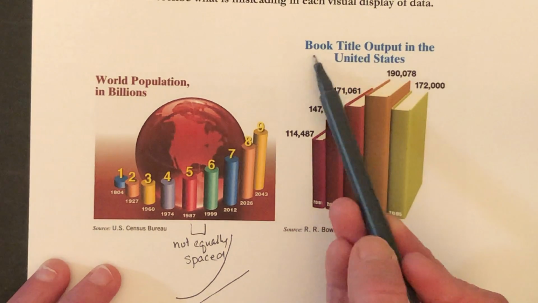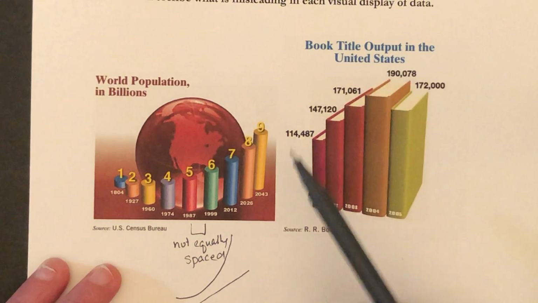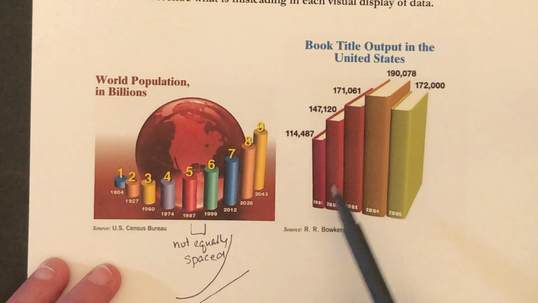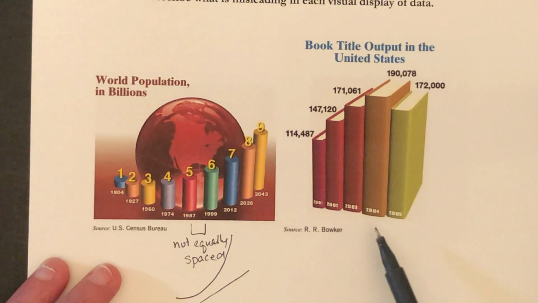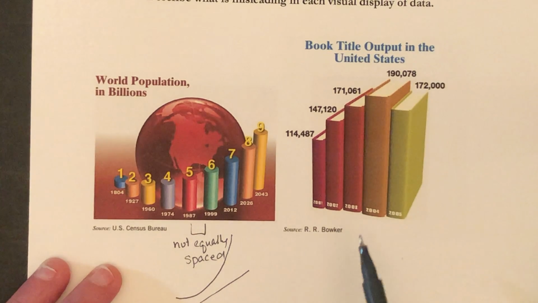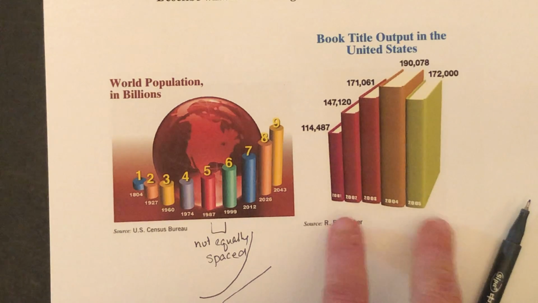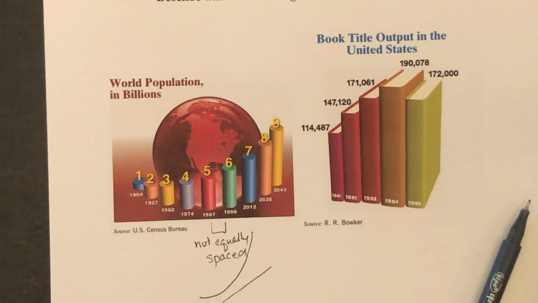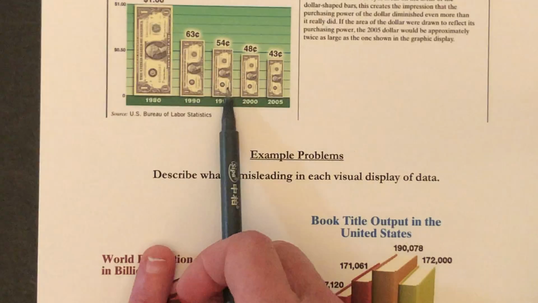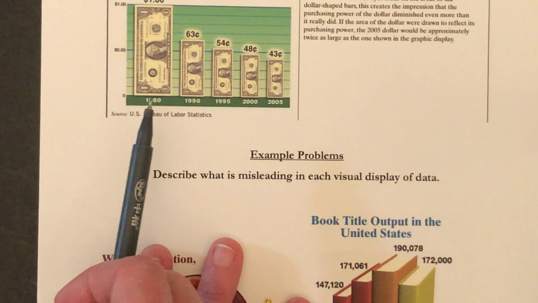Here, the number of book titles output in the US, we have our data across here, we have the years along here. And mainly, we really just want to compare, and they do vary up and down vertically as they should. But again, they're making these things wider. And what's even worse here than there is that these are 3D graphics.